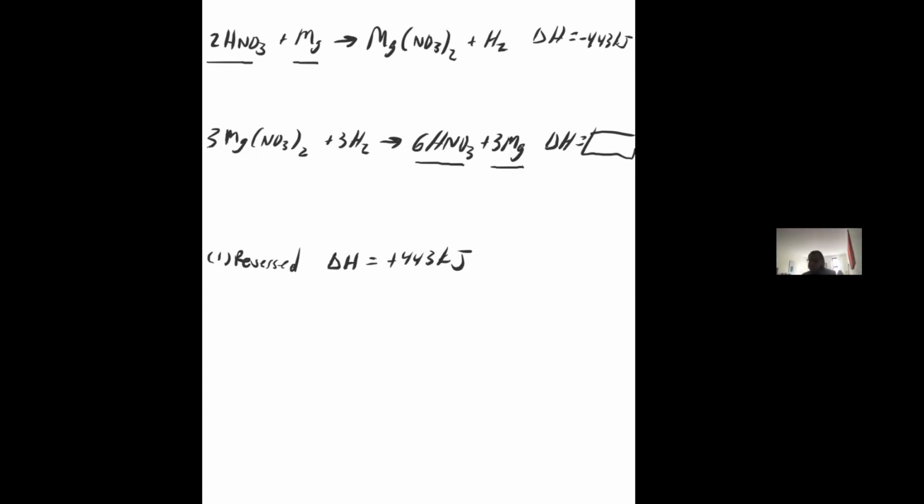The coefficients aren't the same. So if you take a look, our HNO3 here was a 2. Now it's a 6. So what do you have to multiply 2 by to get 6? Well, 2 times 2 is 4, 2 times 3 is 6, right? So that means they multiplied it by 3. So they also multiplied by 3.